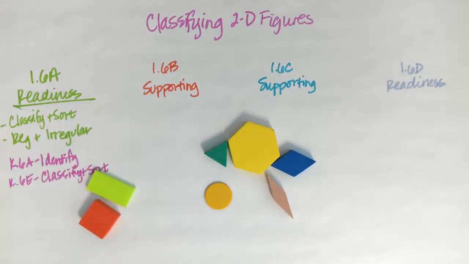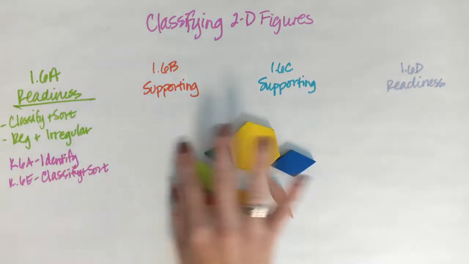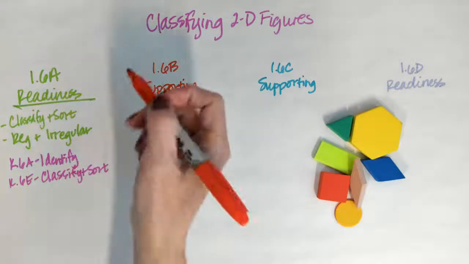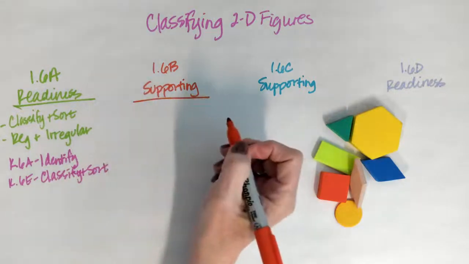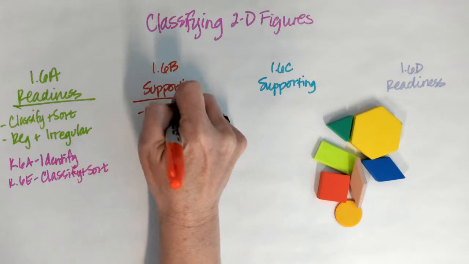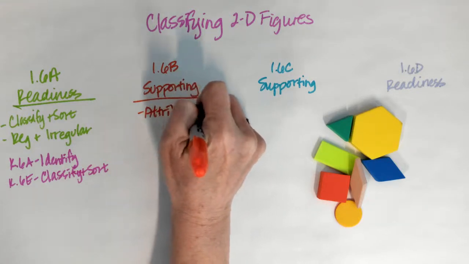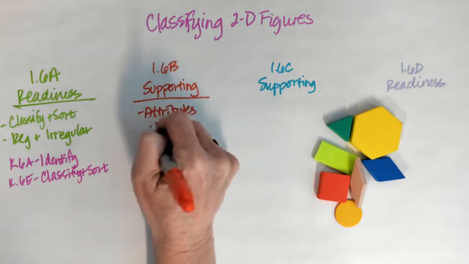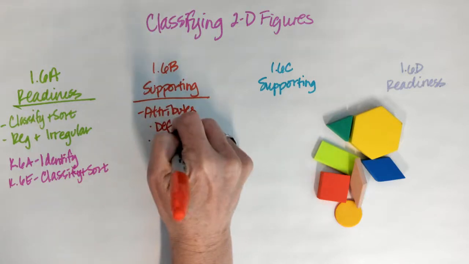So 1.6b, students are asked to distinguish between the attributes that define a 2D shape and attributes that do not define a 2D shape. So we're all about attributes here. So we want attributes that define and ones that do not define.